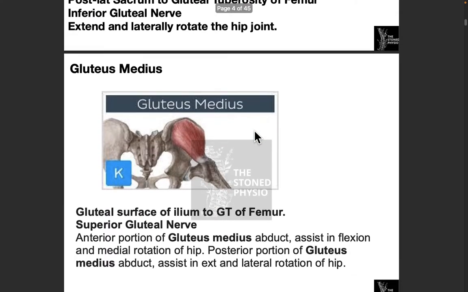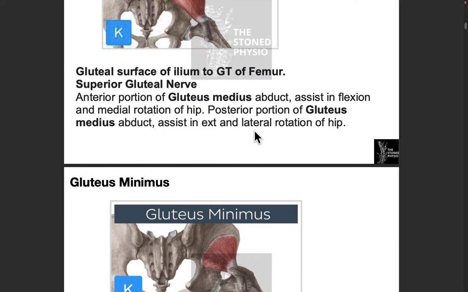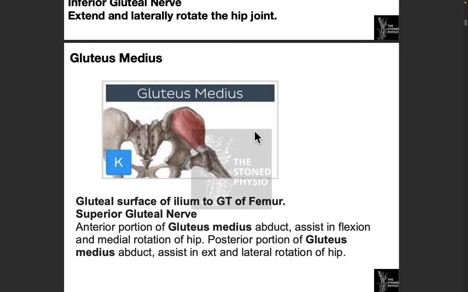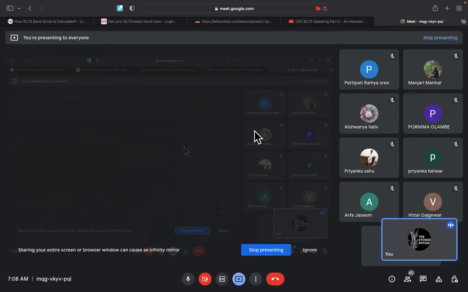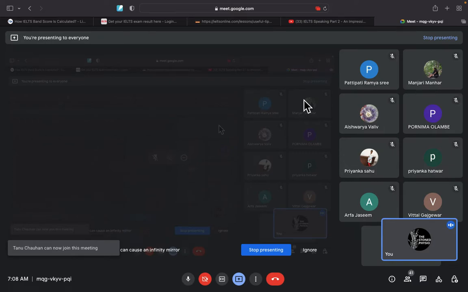Now coming to the two small gluteal muscles, the gluteus medius and the gluteus minimus. When we talk about injections, we have intramuscular injections and intravenous injections. For intramuscular injection, the gluteus medius is one of the most commonly used muscles.